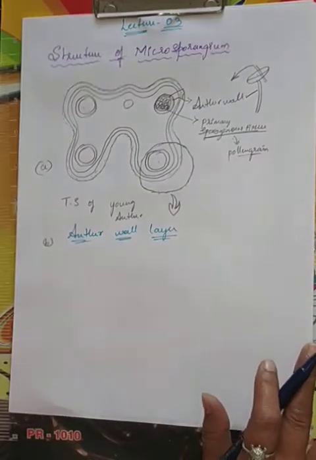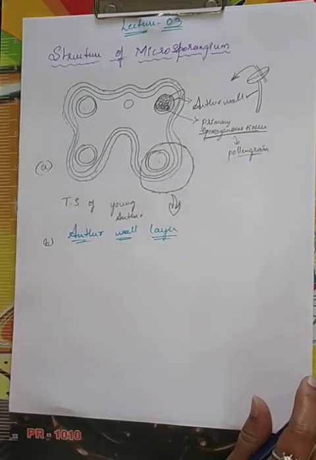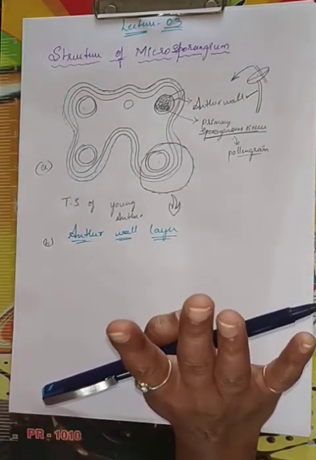Okay, children, now let us see what the anther wall layers actually are. There are 4 wall layers, children.